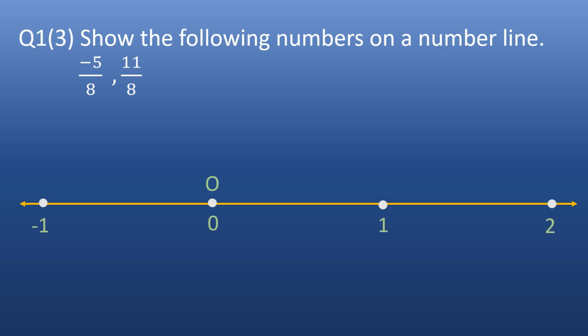As the denominator of rational number 11 upon 8 is 8, divide each unit in 8 equal parts. Each part is 1 by 8.